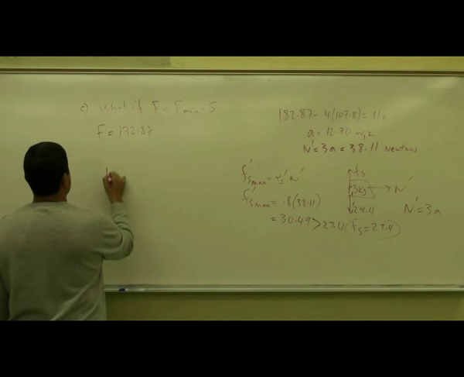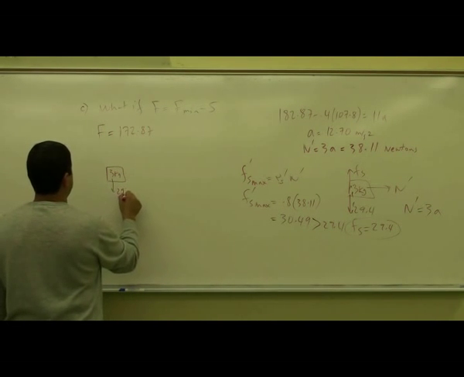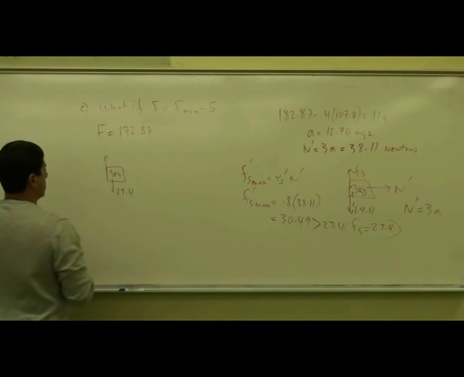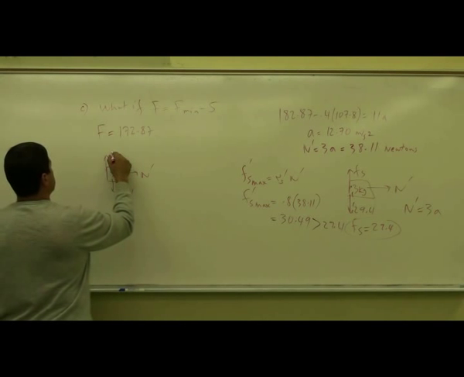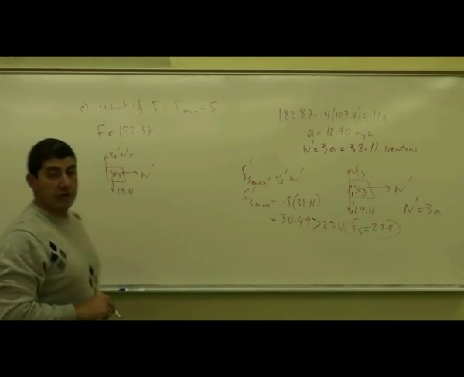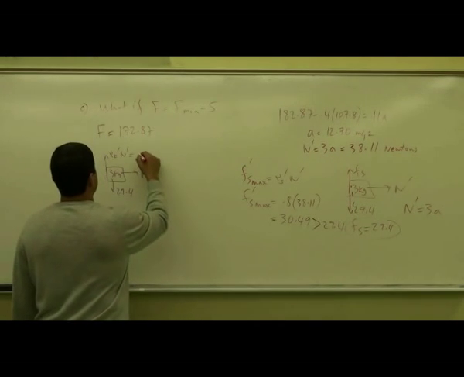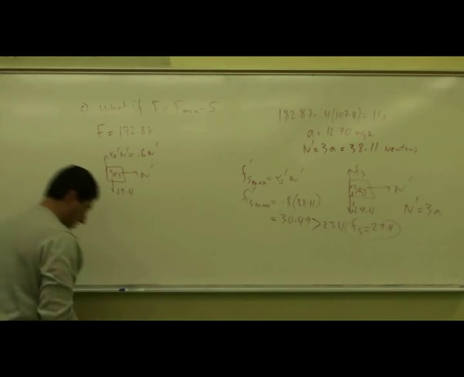So now you're going to have 3 kilogram, you're going to have 29.4, and you have n prime, and then you have here mu k prime n prime, and mu k prime was 0.6 n prime. So the 3 kilogram block is sliding down.